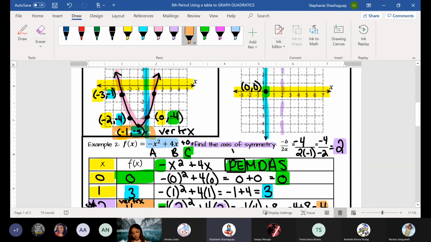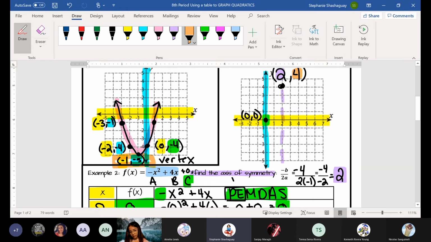So I'm going to go to my graph and I'm going to go to 1, 3 and put my point. Well, I have to go up first. 1, 1, 2, 3. So 1 is my input, 3 is my output.